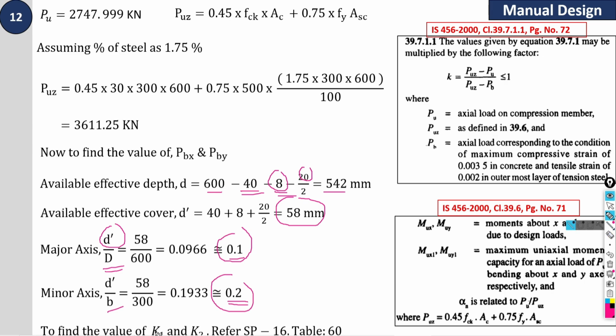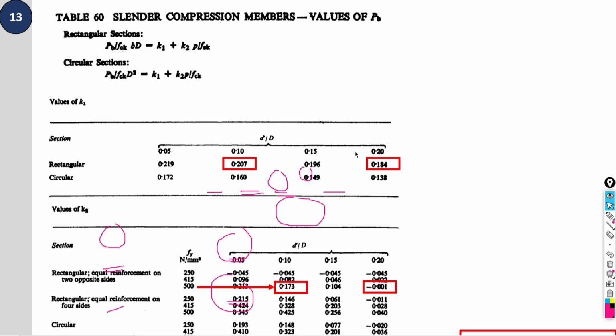Now we are going to refer to SP16 table number 60 for this calculation. For the K1 value, d dash by d is 0.1.